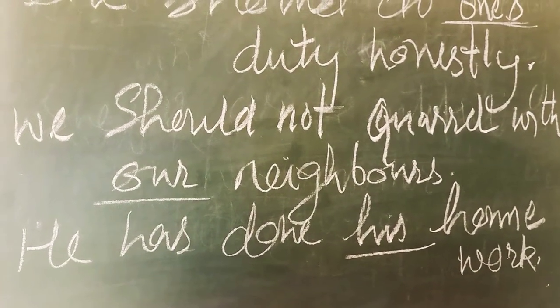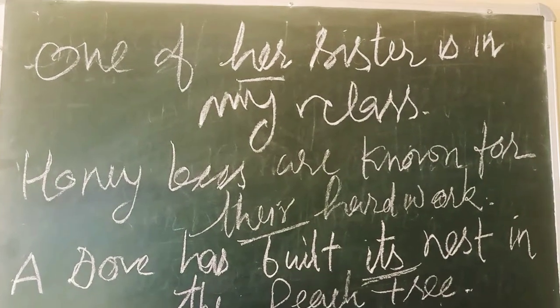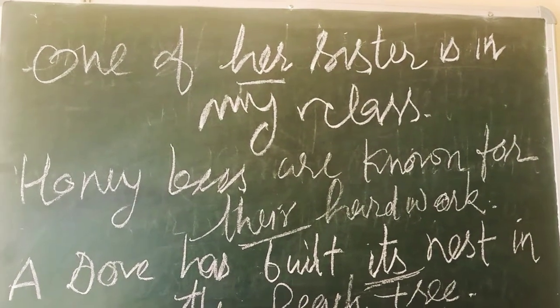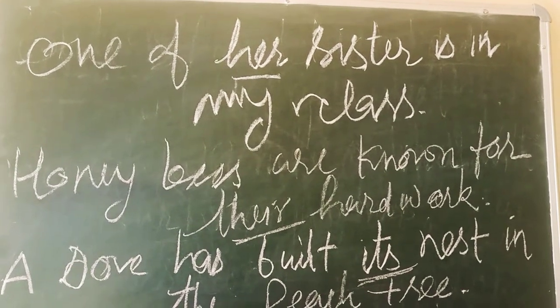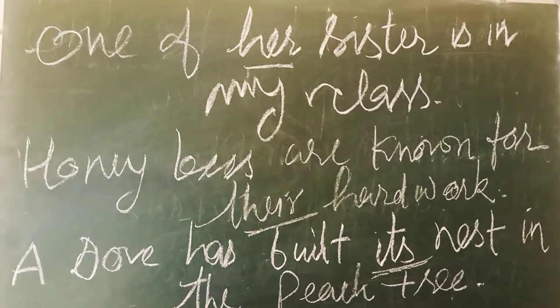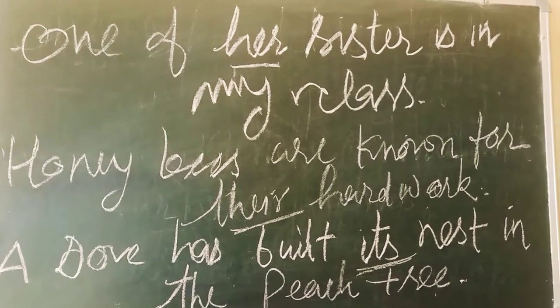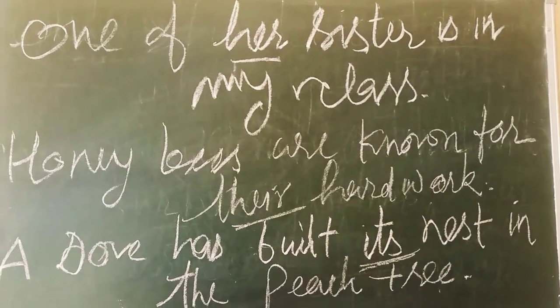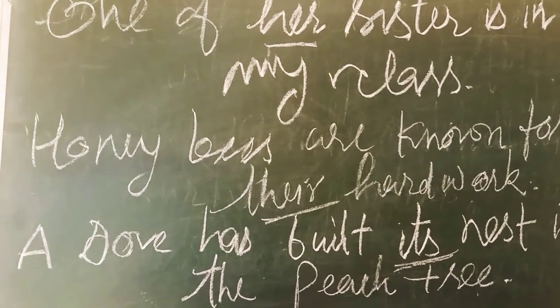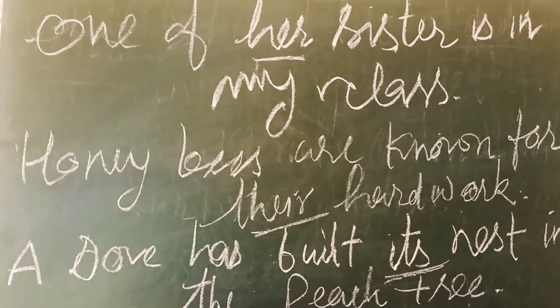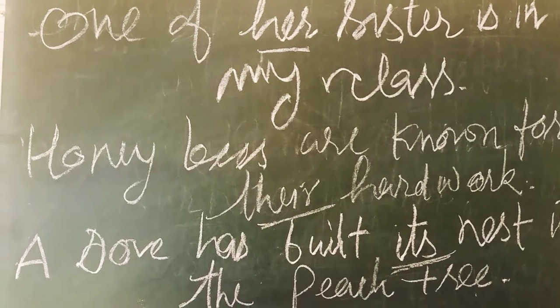His, the underlined word. One of her sisters is in my class. Her, the underlined word. Honeybees are known for their hard work. Here the possessive determiner points toward the honeybees' nature.